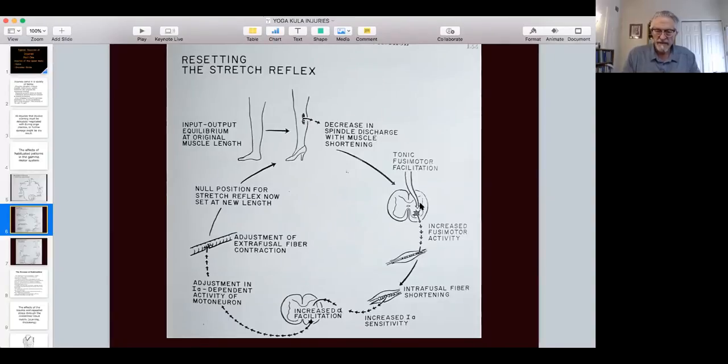Over time, those muscle spindles become habituated to this shortened length. And as they become habituated to that shortened length, they impose that habituated length on the entire soleus muscle, and it's now programmed shorter.